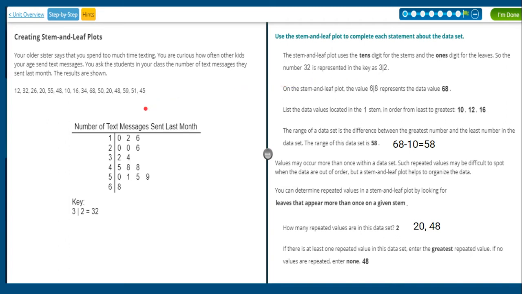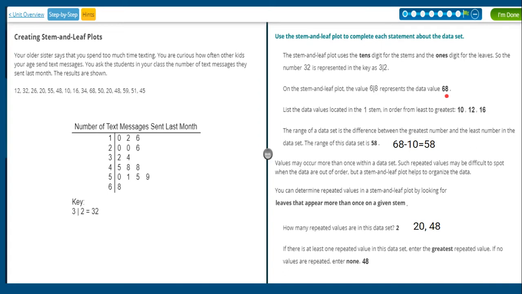So you should know that the first number in all of these numbers here are in the tens place. So the stems are all the numbers in the tens place. And then the second digit in all of the numbers are in the ones place. So the leaves are represented in the ones place. So on the stem and leaf plot, the value 6|8 represents the data value 68.